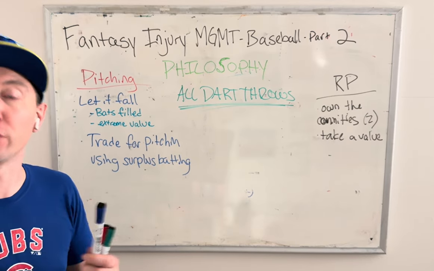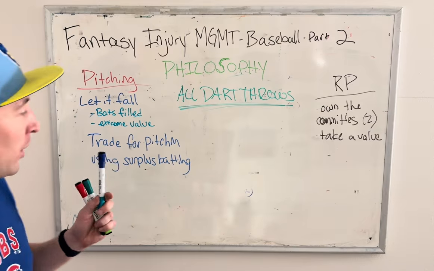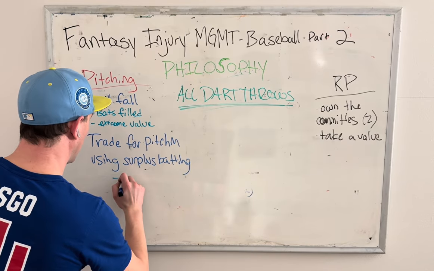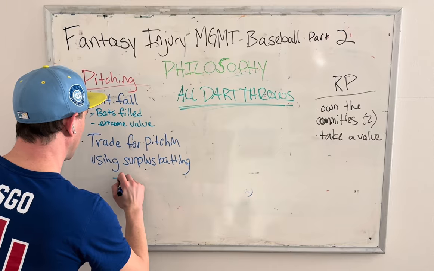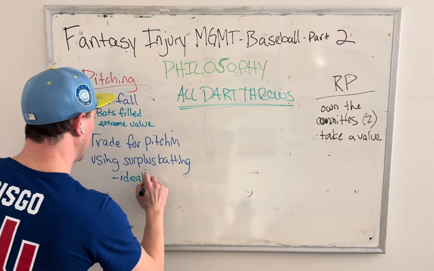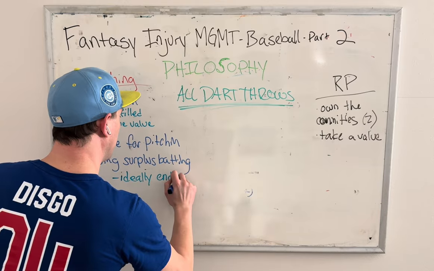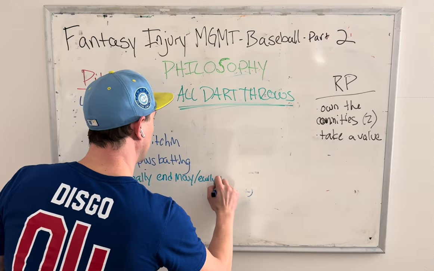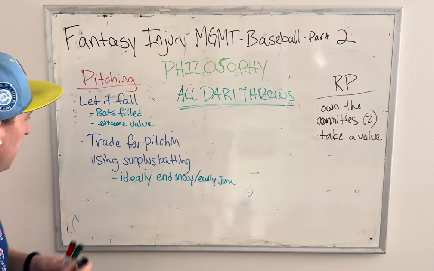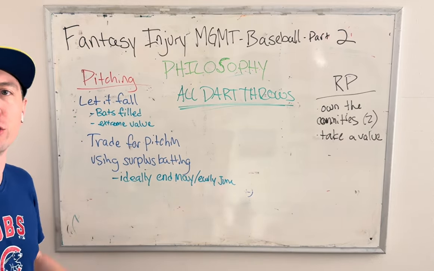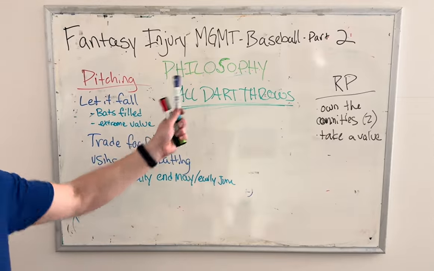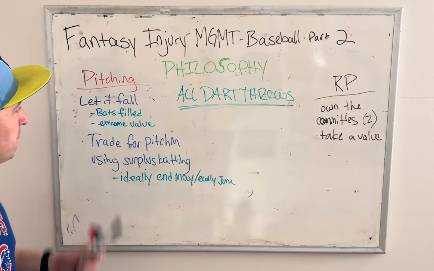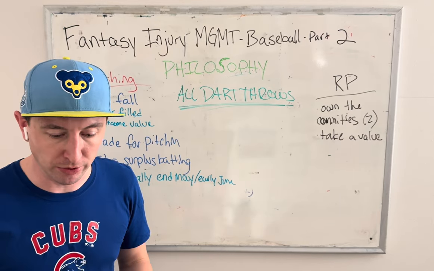The goal is to hopefully have a surplus at this point, and you hope to execute a trade for somebody desperate for the shallow positions that you have a surplus of, right? That's the leverage that we're trying to build.